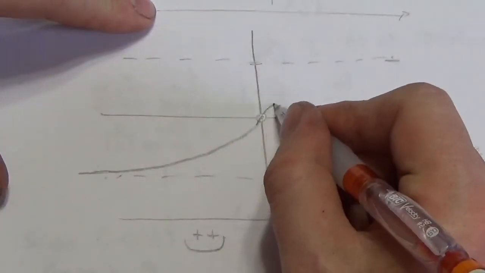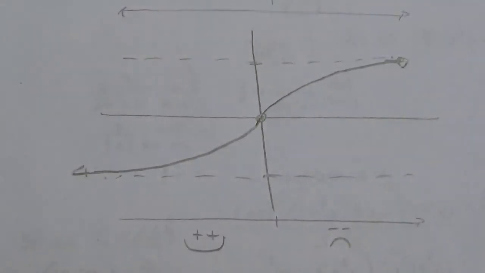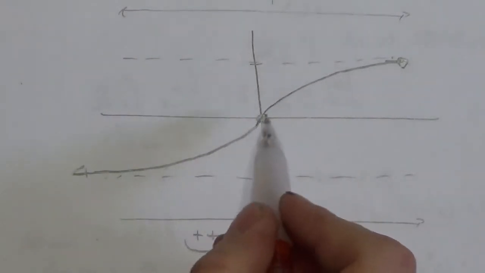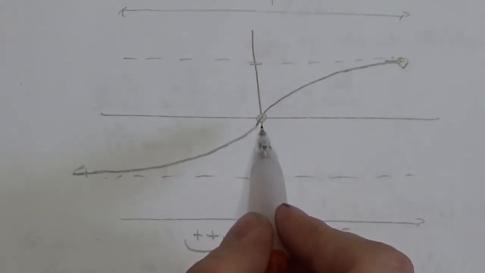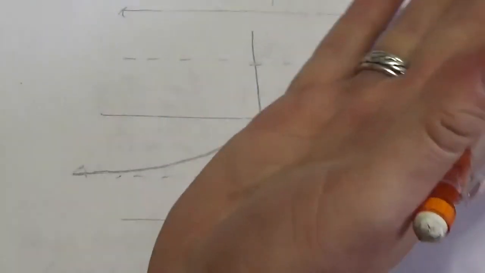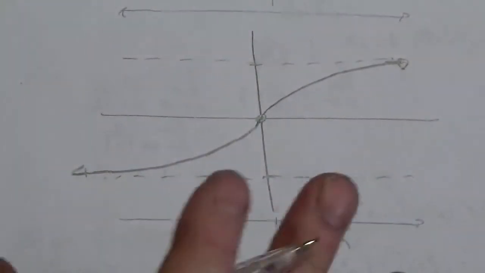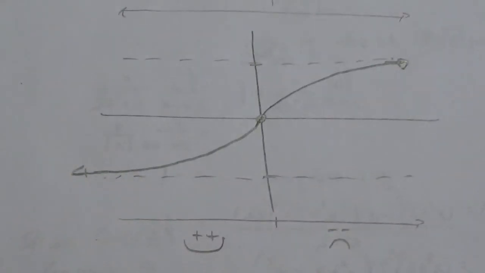So it's got to look something like this. Now, notice it doesn't go vertical here because the first derivative wasn't undefined there. So it just kind of levels out. Well, it doesn't level out flat, but it's just got a reasonable slope to it, and away we go. That's what that looks like. Interesting graph because of the two horizontal asymptotes.